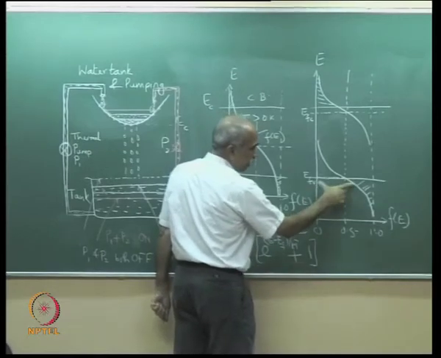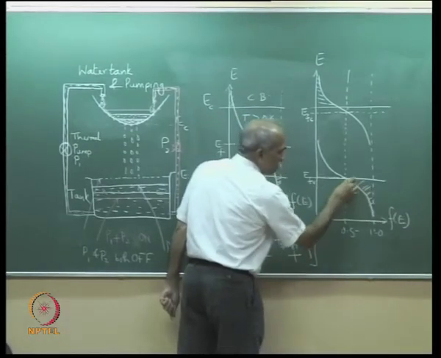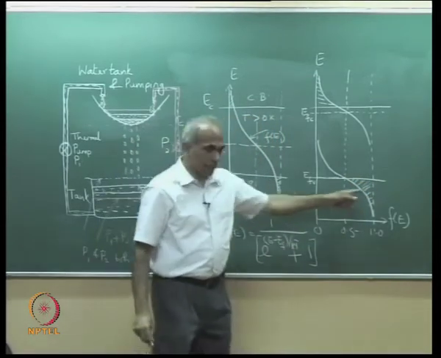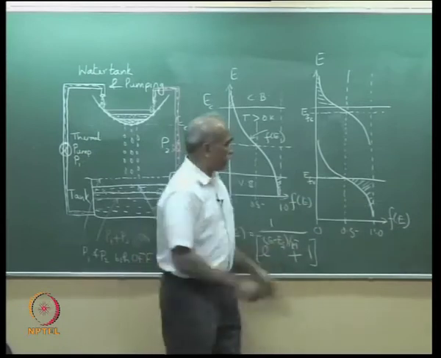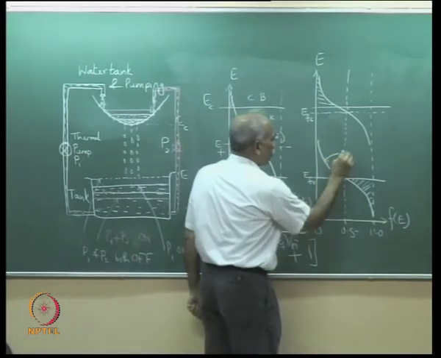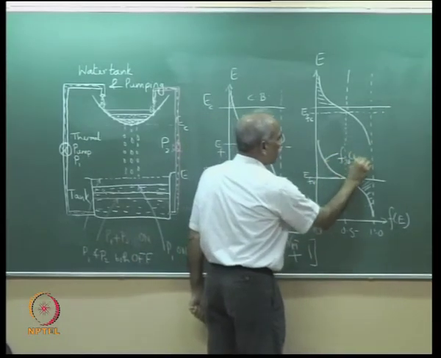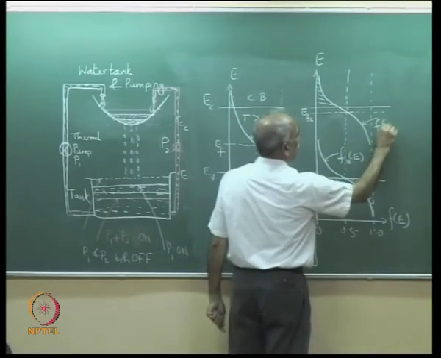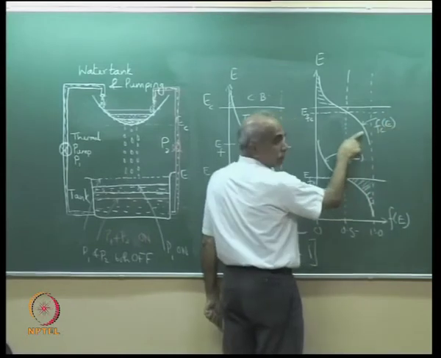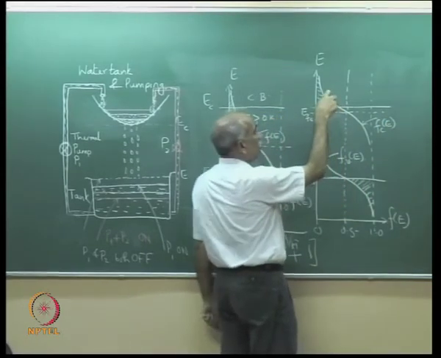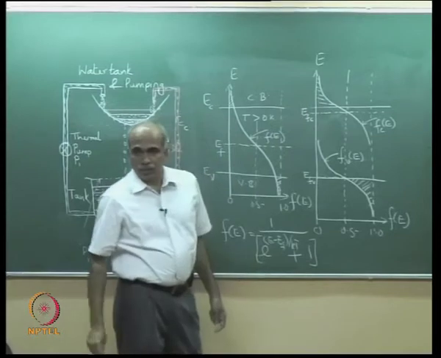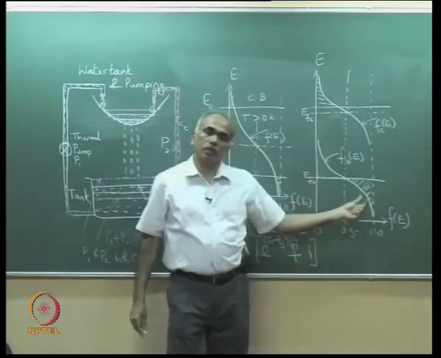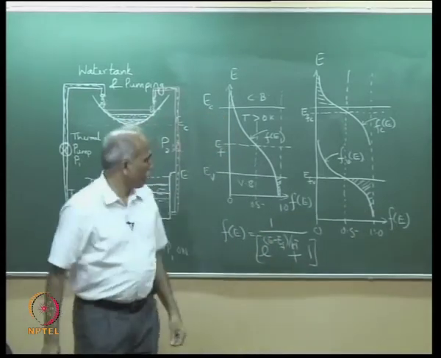So this is f of E, and this is 1 minus f of E, which describes the occupation probability of holes in the valence band. Two functions are separate. So this is Fv of E, and this is Fc of E. One Fermi function describing the occupation probability of the conduction band, and a second Fermi function describing the occupation probability of the valence band.